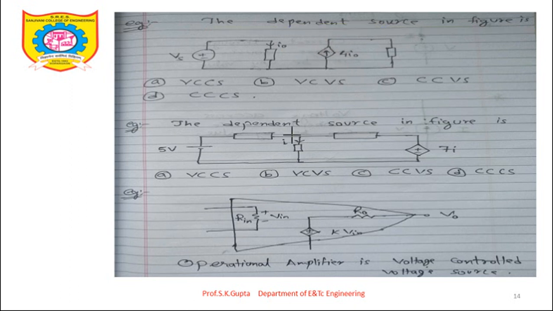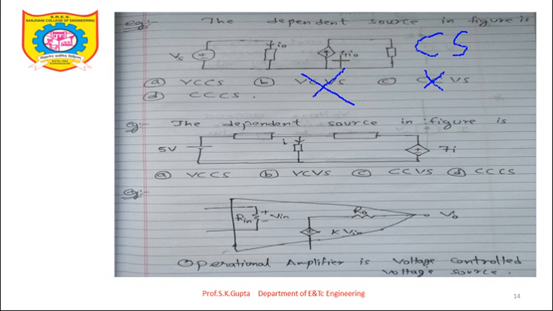Inside the diamond an arrow is shown, that means it is a current source. So two options are eliminated: option B is a voltage source, and option C is a voltage source.